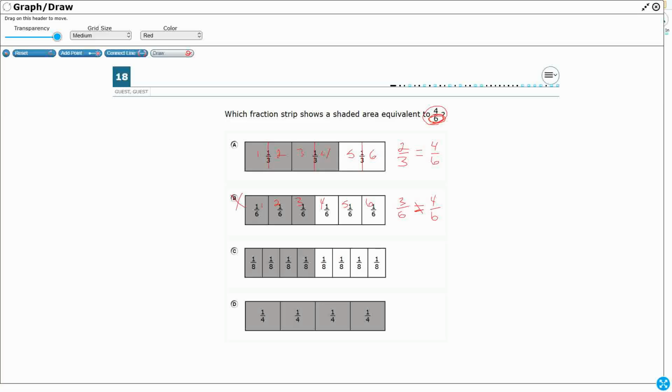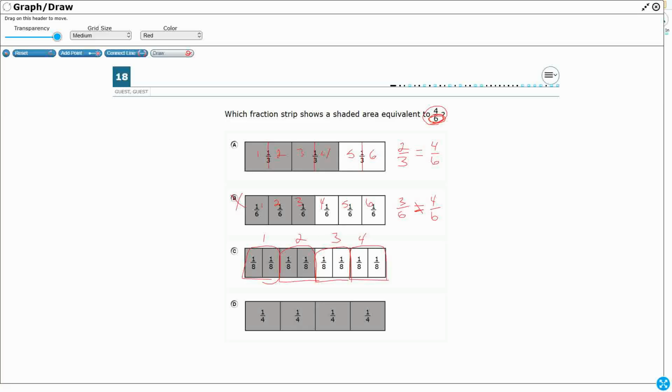Let's see if I can change eighths into sixths. Now, eighths are going to be smaller than sixths, so I need to combine them. So if I were to combine 2 right here, 2 right here, 2 right here, and 2 right here, cutting them in half would make them smaller, into sixteenths. So if I combine them, I can get 1, 2, 3, 4. I can get fourths.